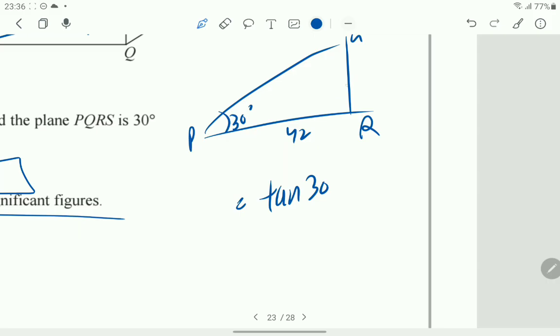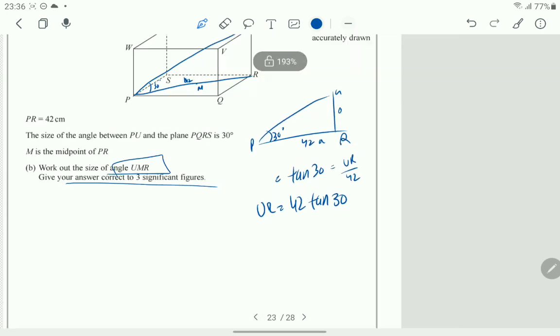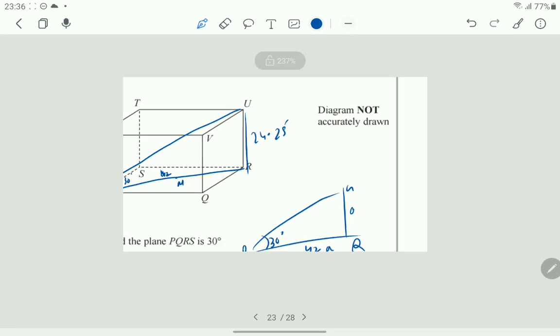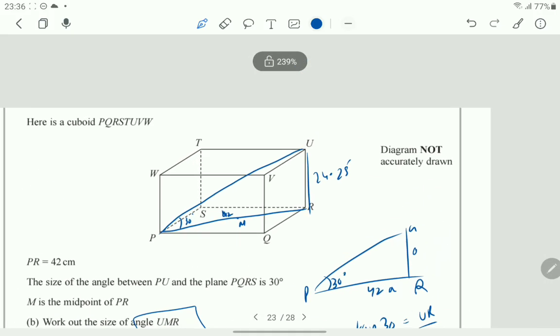Tan 30 is opposite over adjacent, and opposite is UR and this is 42. So UR is 42 tan 30. Now this is approximately 24.25, but for accuracy I will use this value in my final answer.